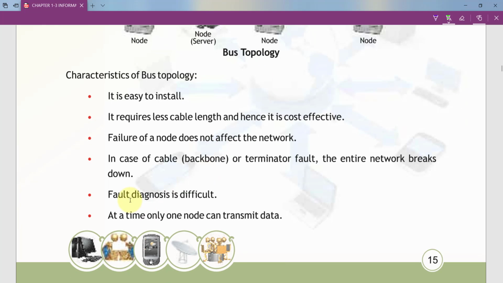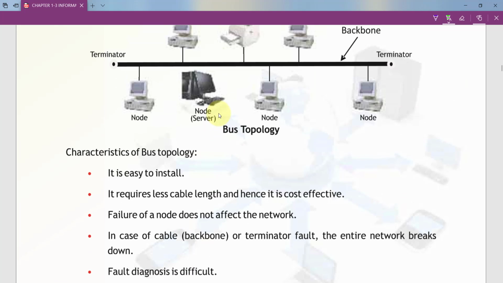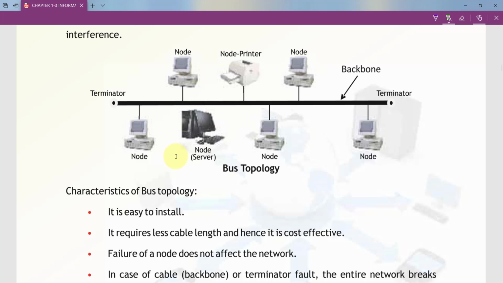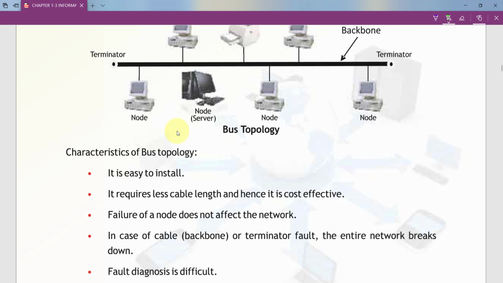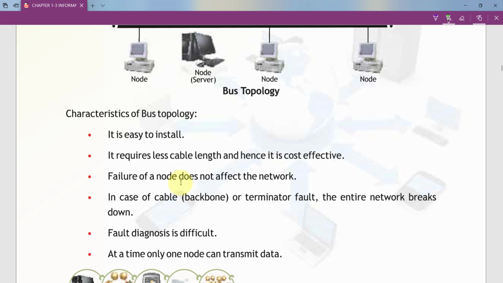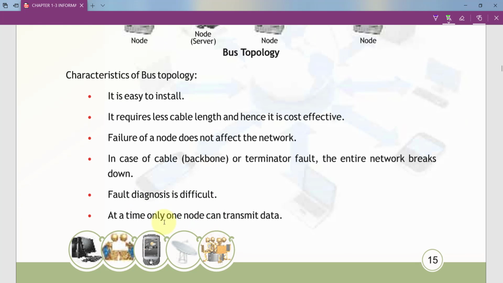The next disadvantage is that fault diagnosis is difficult. It is not easy to find the fault, because if any node is not working properly, you have to search that particular node one by one, then you will identify it. That's why fault diagnosis is very difficult.